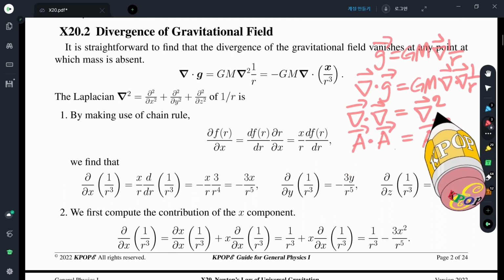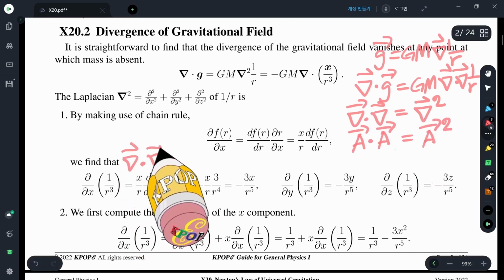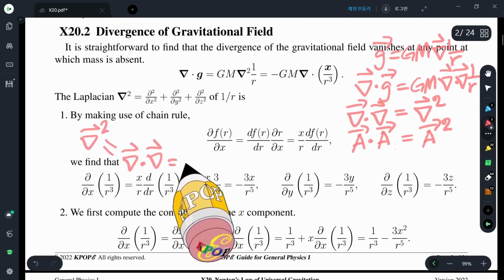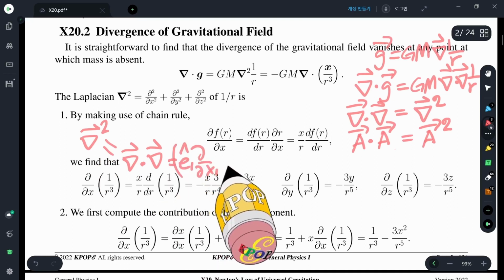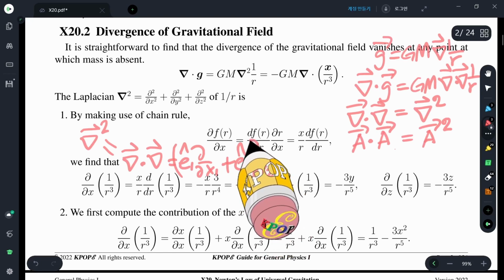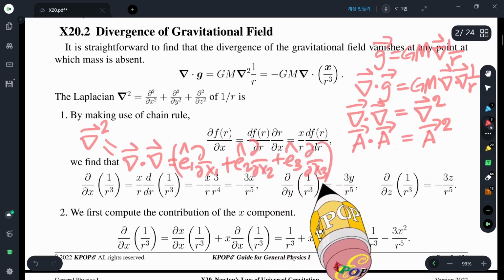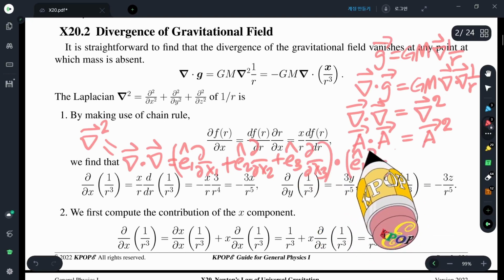And explicitly, this del squared is e1 hat d/dx1 plus e2 hat d/dx2 plus e3 hat d/dx3, dotted with the same thing.